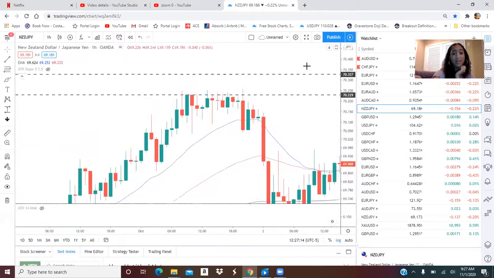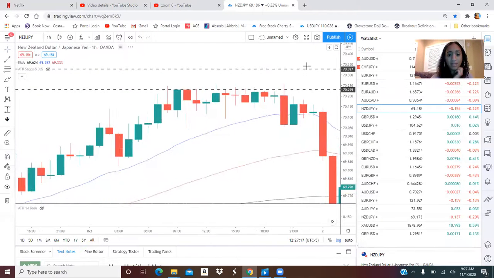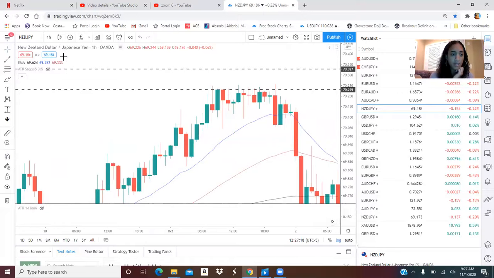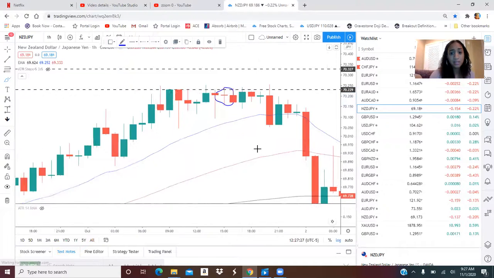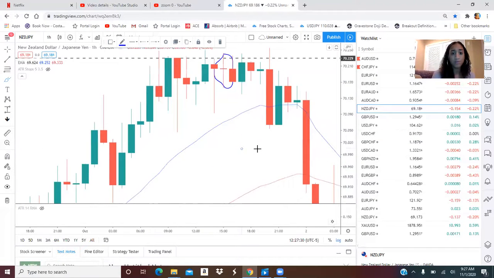It's really hard to find. I don't find as many, so when I find them, I get excited. So here's an example of one right here. They have absolutely no body. You'll even find one smaller than this one, but this is basically saying, okay, it's time for a reversal.